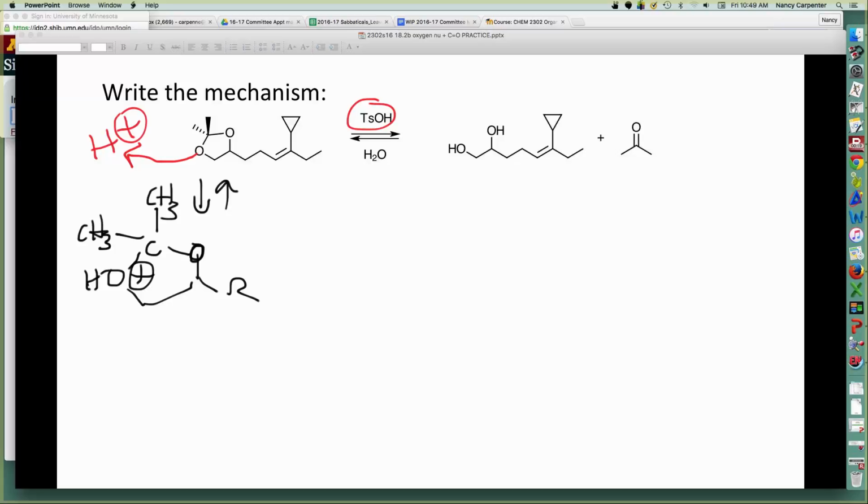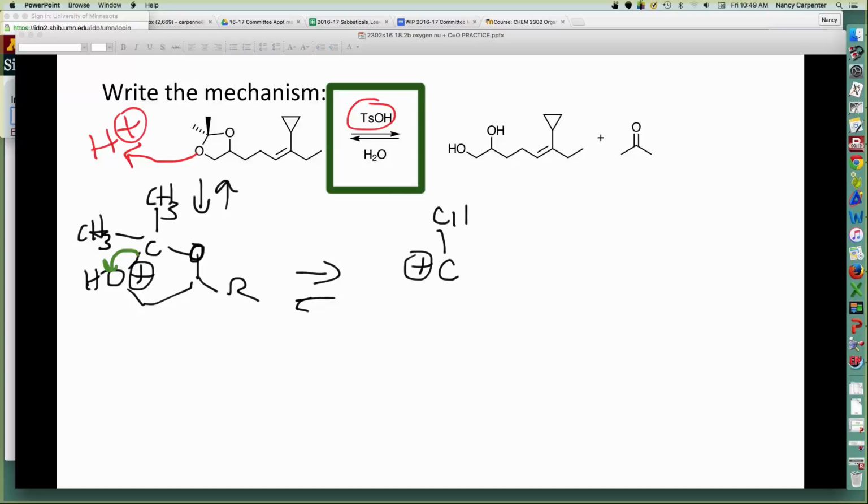And once I've done that, again, as always in this chapter, under these conditions, we're talking seriously polar protic. So it certainly stands to reason that that leaving group would leave, particularly because it's going to give me a very stable carbocation. Look at that, tertiary.